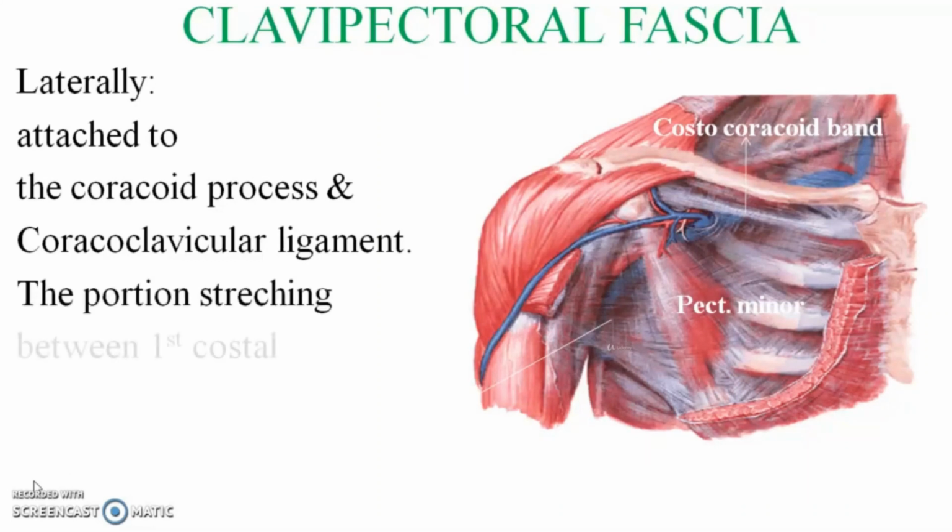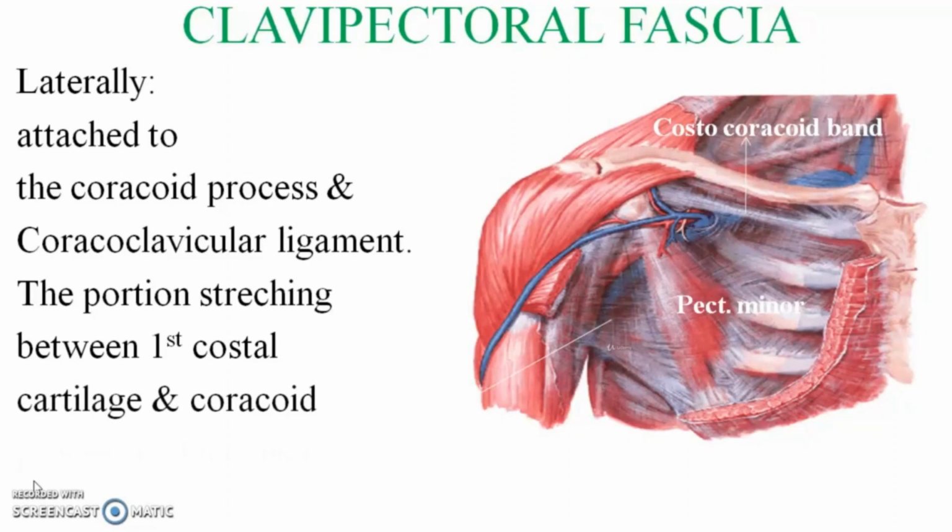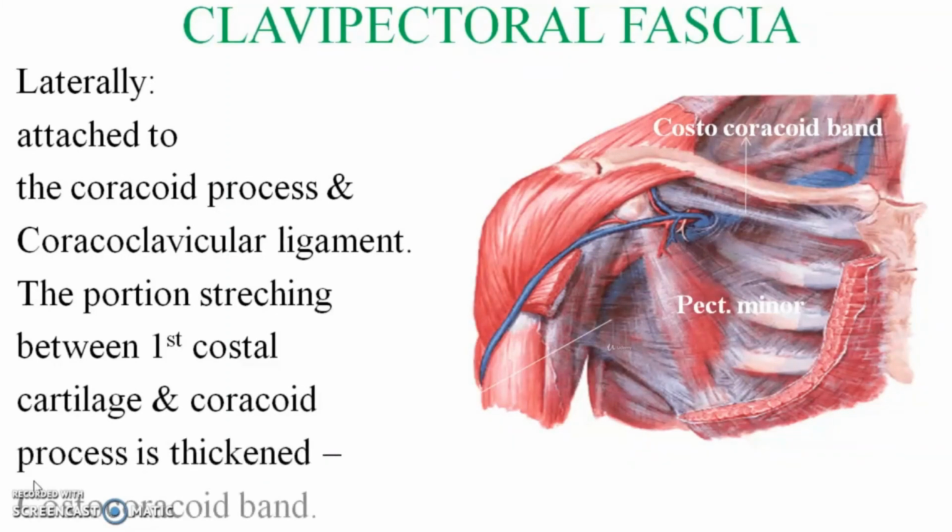The portion stretching between the first costal cartilage and the coracoid process is thickened, and that thickening will be called as costocoracoid band. The thickening formed by this clavipectoral fascia, which is extending from first costal cartilage to the coracoid process, we will call as costocoracoid band. So this is the tracing which is seen in the lateral aspect of clavipectoral fascia.